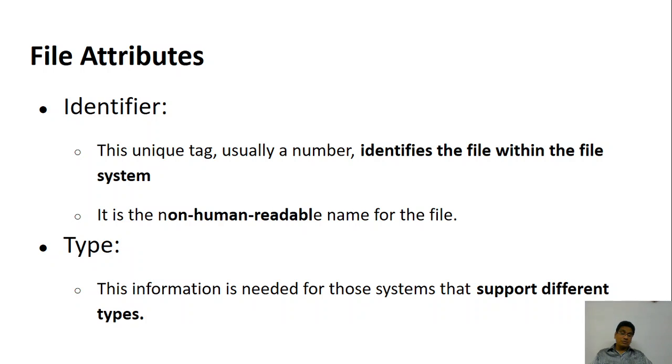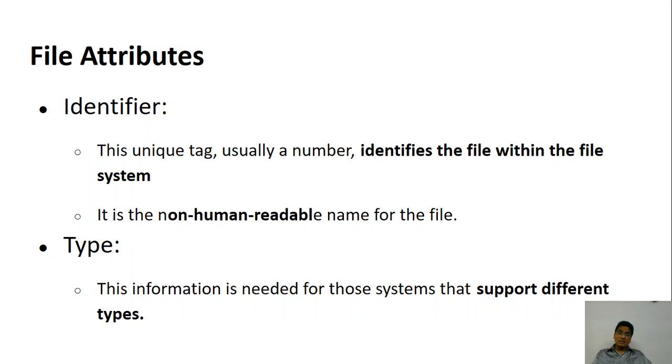I know most of your names, but I may not know any of your register numbers. The register number also identifies you, but for my convenience I refer to you using your names. Names are easier to remember and identify. That's why names are used. However, internally the operating system uses an identifier.